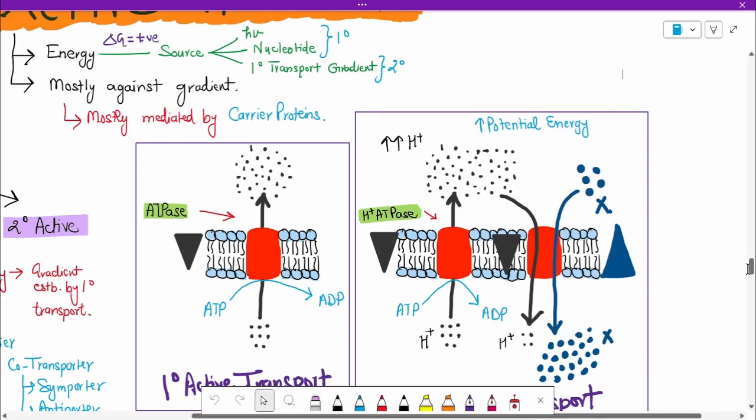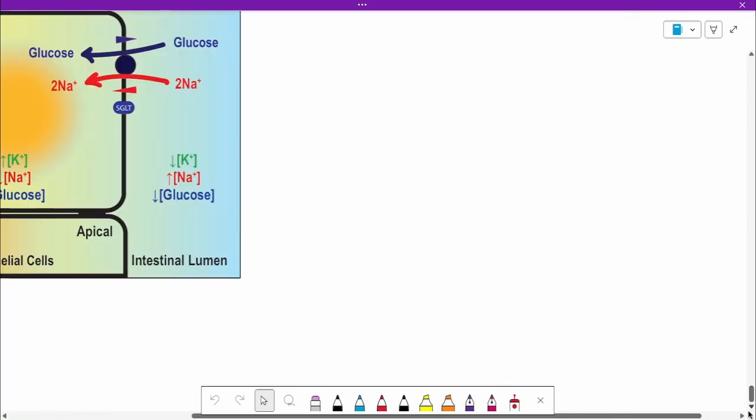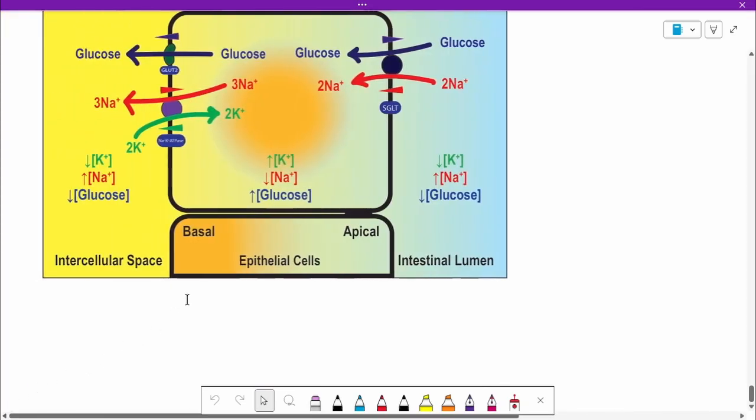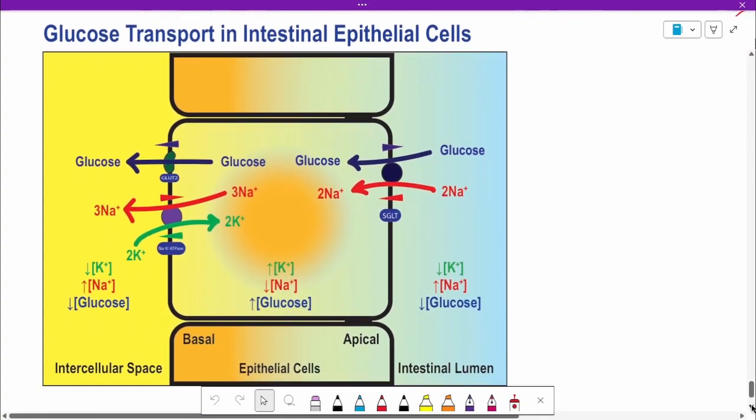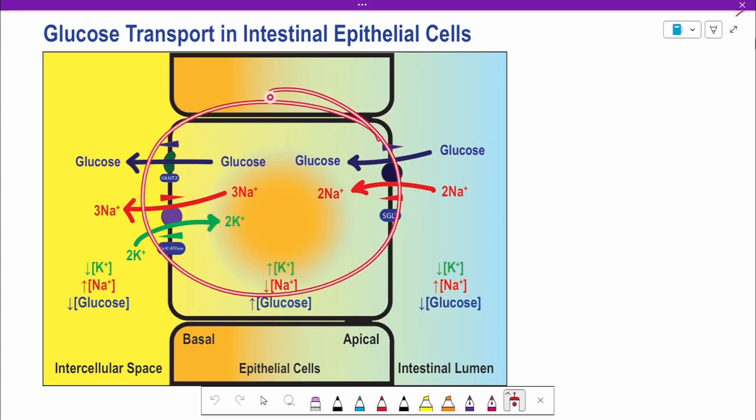Now we will see the same process in a more relevant example, the transport of glucose across intestinal epithelial cells. Have a look at this diagram. We have an epithelial cell right here, the intercellular space on the left, and the intestinal lumen on the right.